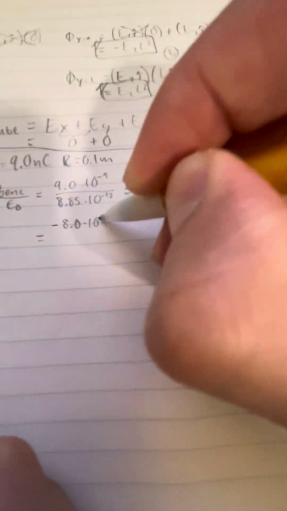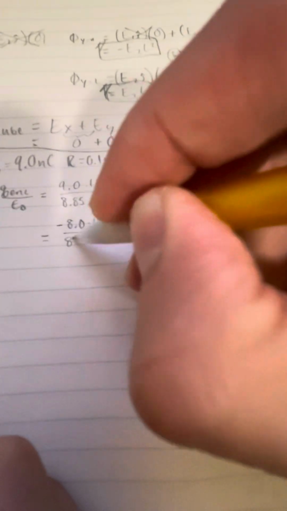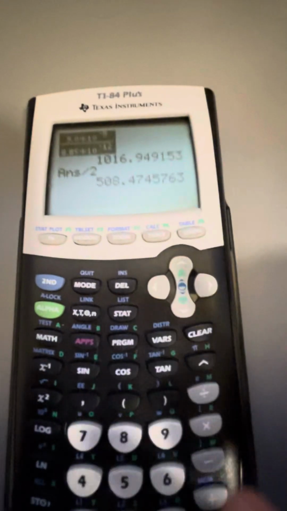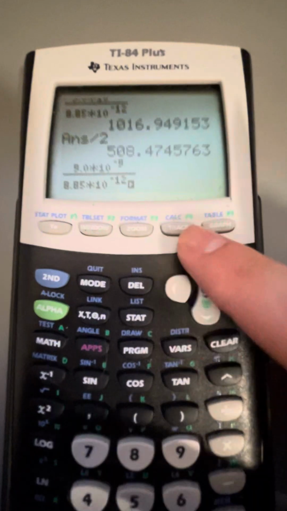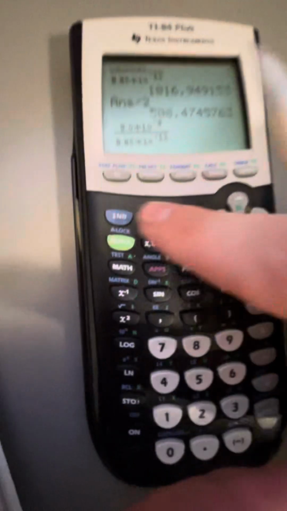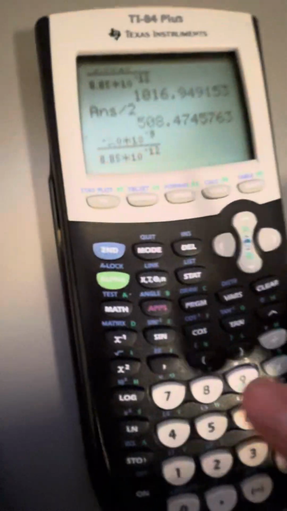Using that same equation, we now just do negative 8 times 10 to the negative 9th over the constant equals, and so we can just use the same negative 8.